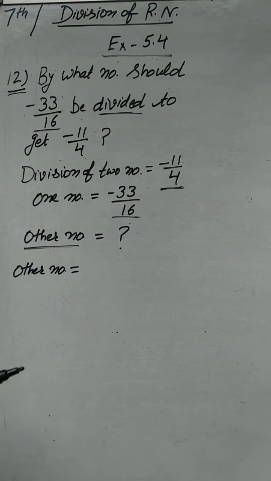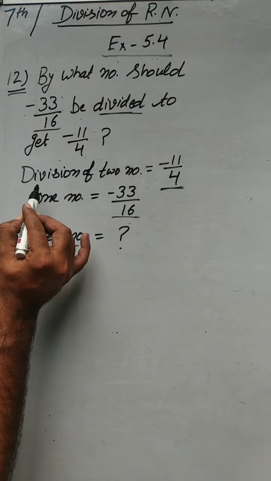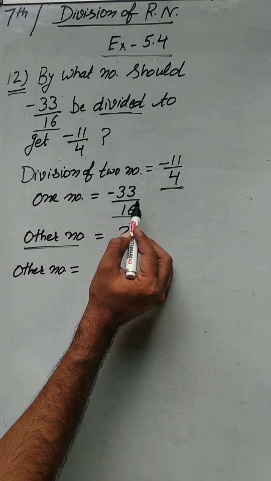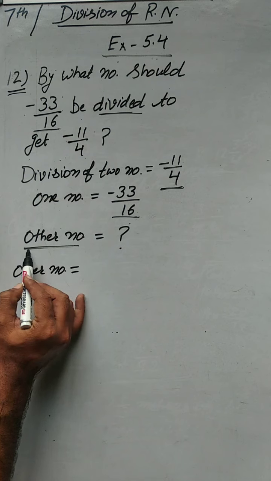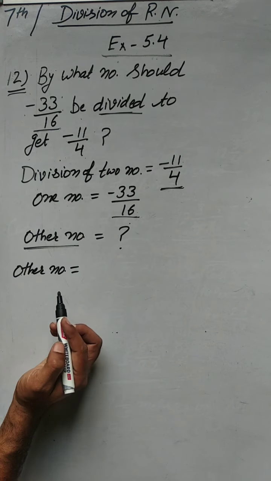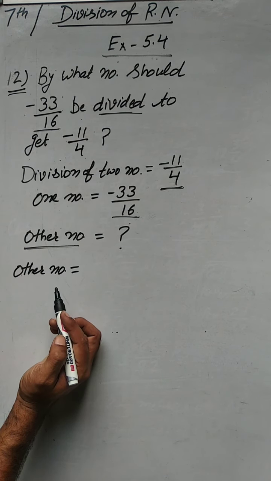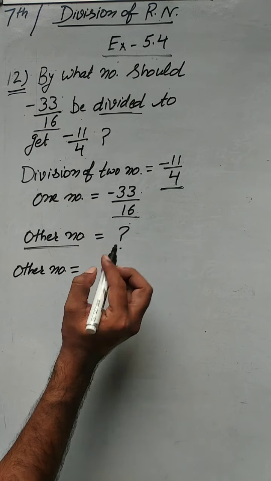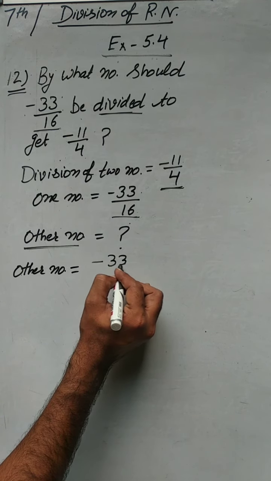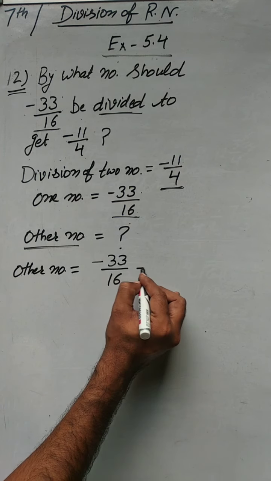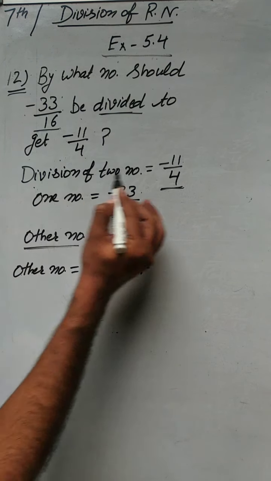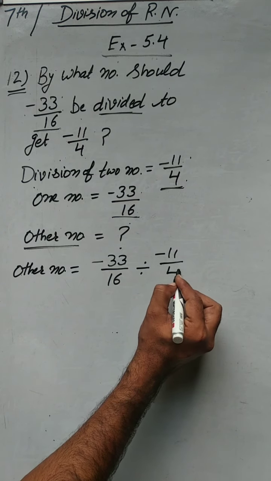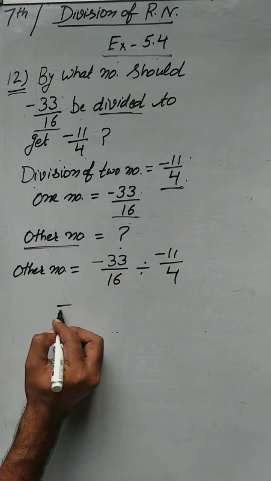Okay, understood? So you have given the division of two numbers, minus 11 upon 4. One number is minus 33 upon 16. So the other number we have to find. Then, beta, the other number will be equal to the first number, means one given number, divided by the division of two numbers. Division of two numbers is minus 11 upon 4. Understood, beta?